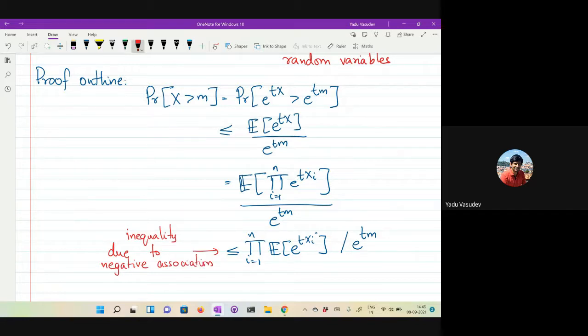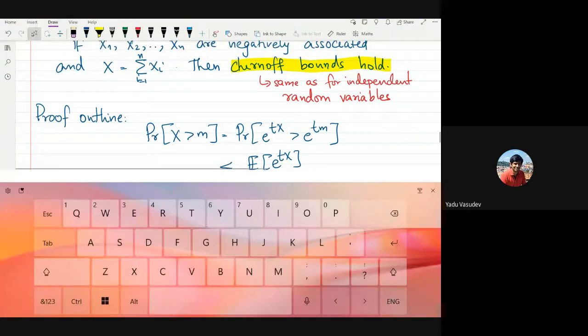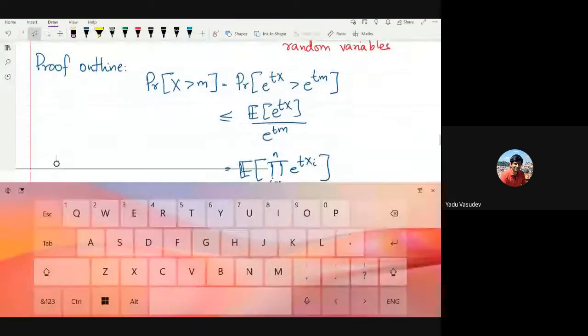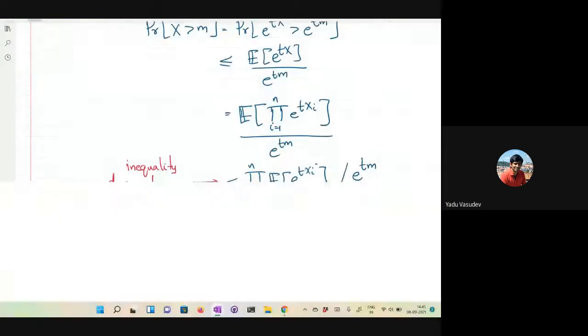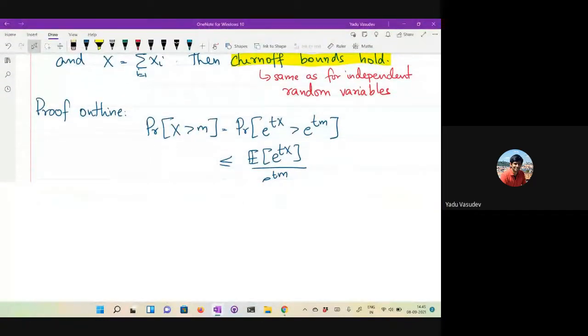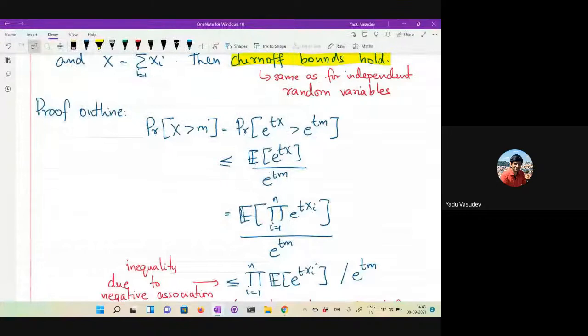Right? So what this means is that now I can continue. Now what you do is continue the same proof as before. Assuming that these random variables are negatively associated, you can do the same proof of Chernoff bounds as for independent random variables, and you get the same bounds.